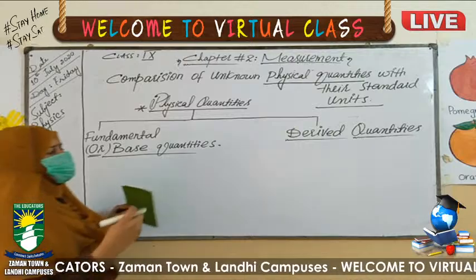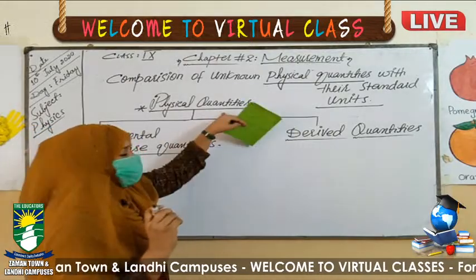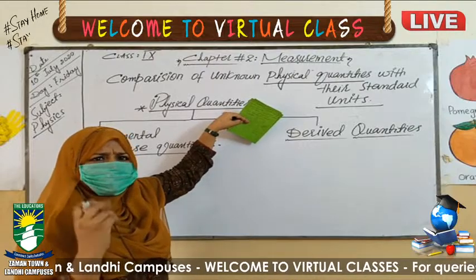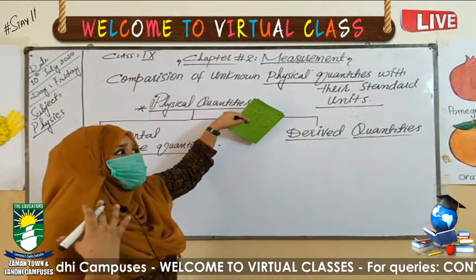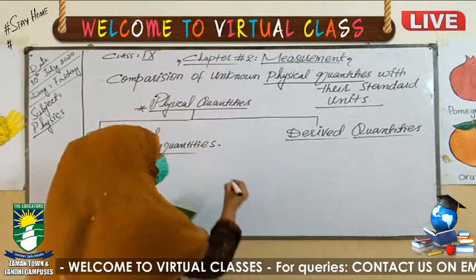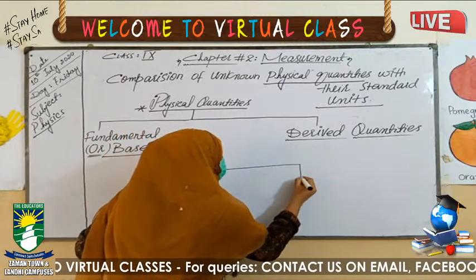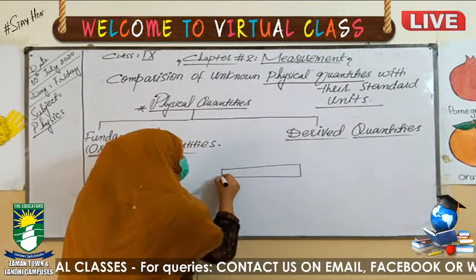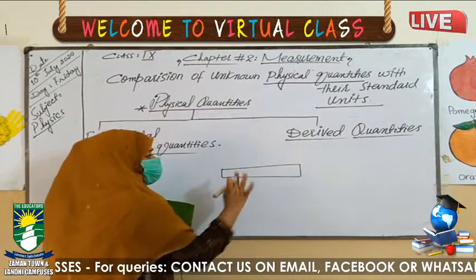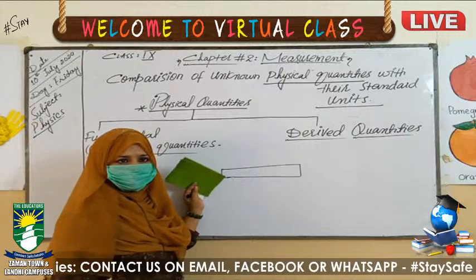Physical units, if you go to the particular meaning of the physical quantities of any substance, means measuring the physical property. Suppose we have a scale or a rod. You can see the physical property of this scale.